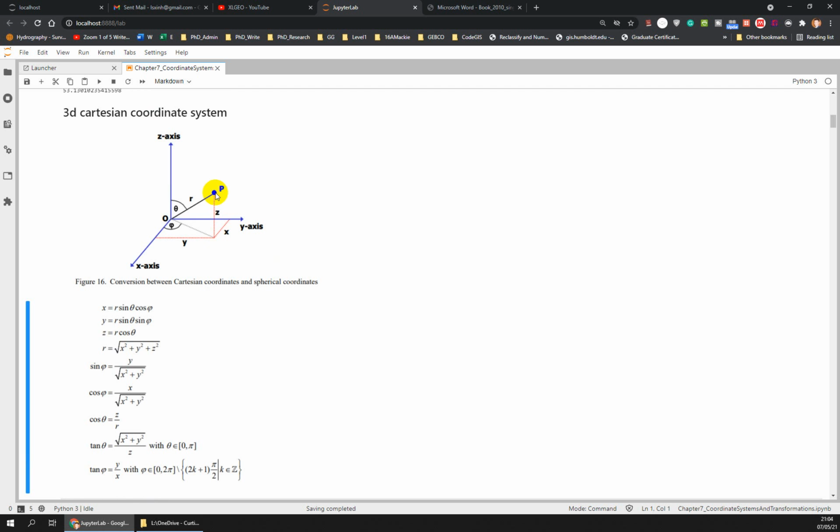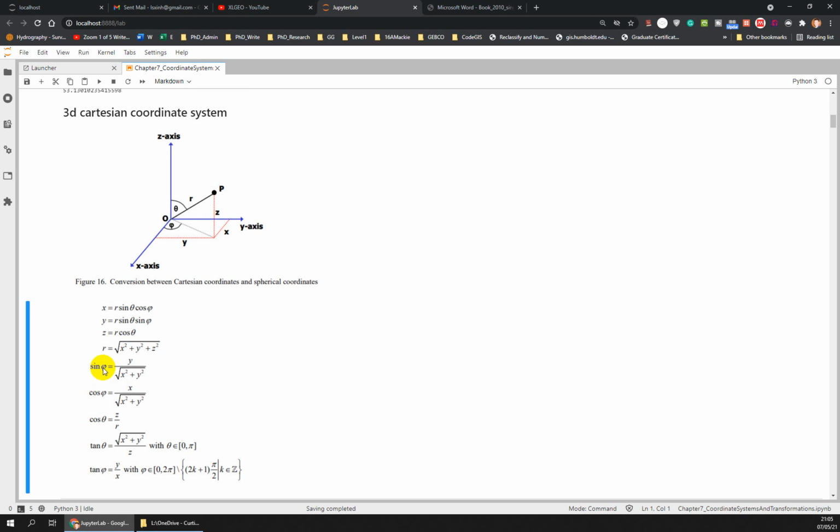If we know the coordinates of P, which are x, y, and z, then we can calculate r using this formula, which is just the square root of the sum of squares of x, y, and z. And for the angle phi, it is the arcsine of y over the square root of x squared plus y squared.